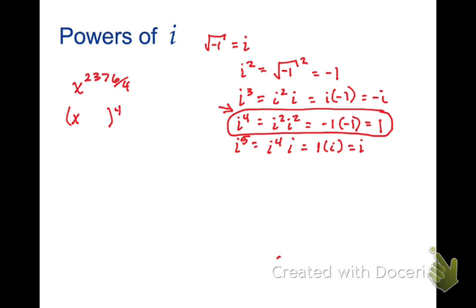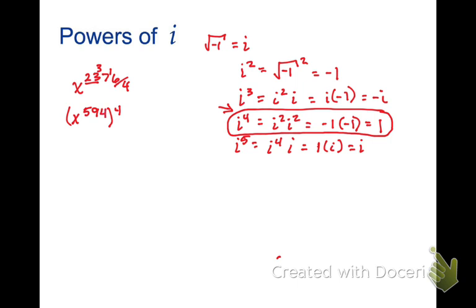Okay, so 4 goes into 23 how many times? 5. 4 goes into 37 how many times? 9. And 4 goes into 16 how many times? 4.